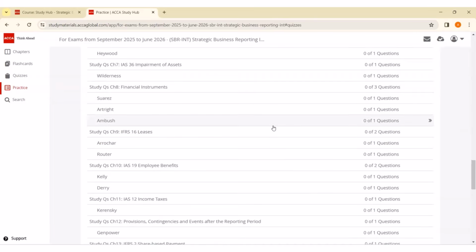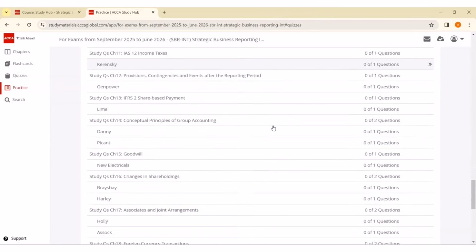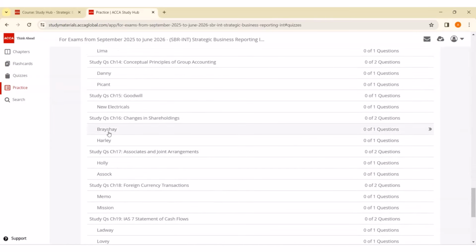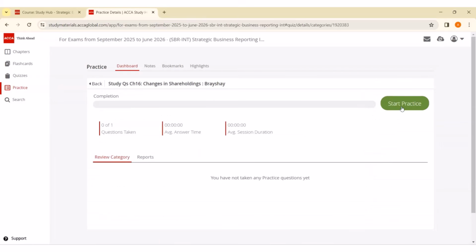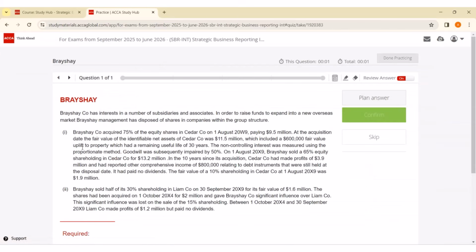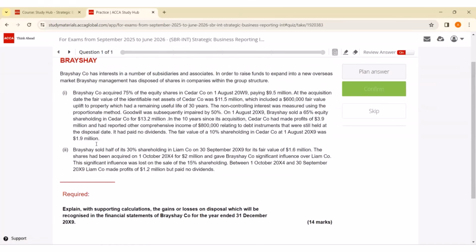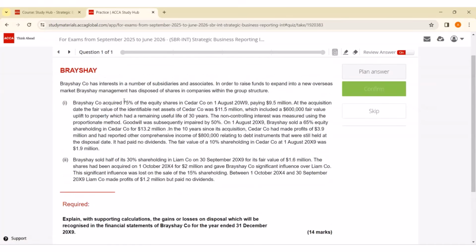There are multiple topics to which the areas have been allocated, but you can see over here changes in shareholding, and here is a question named Bresche. In this also, they are talking about an acquisition first, and at the date of acquisition, all the working has been done. Then goodwill was impaired, and then the company sold 65% of equity shareholding in SBR for 13.2 million.